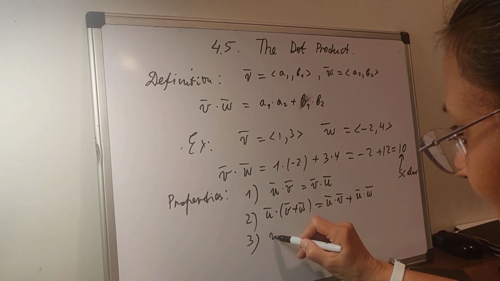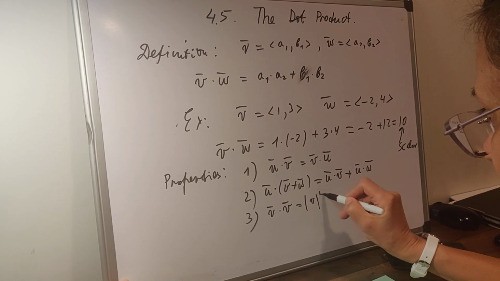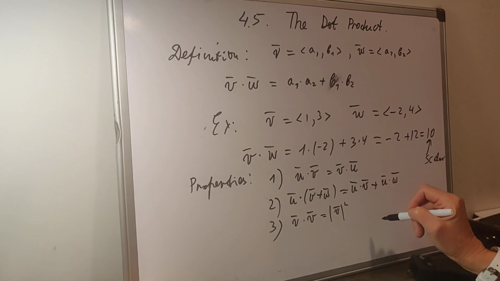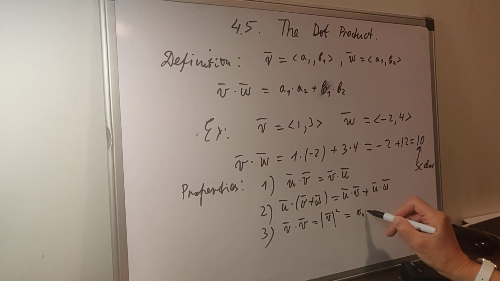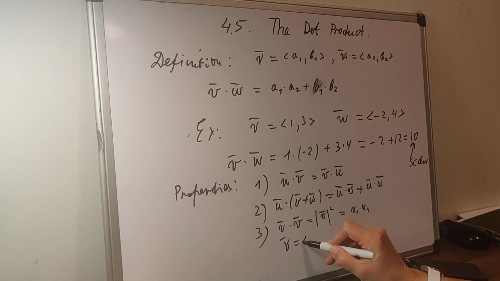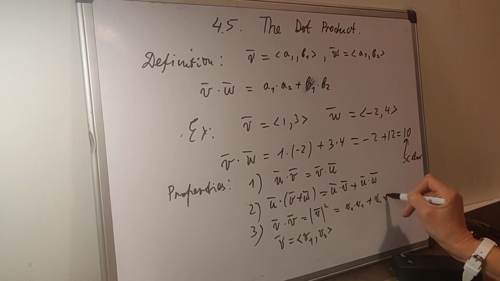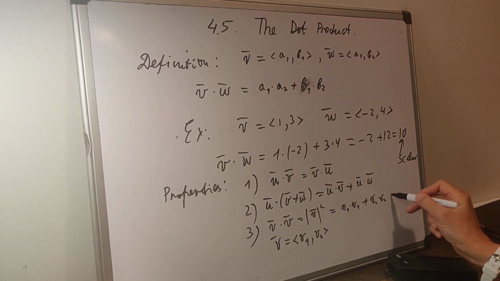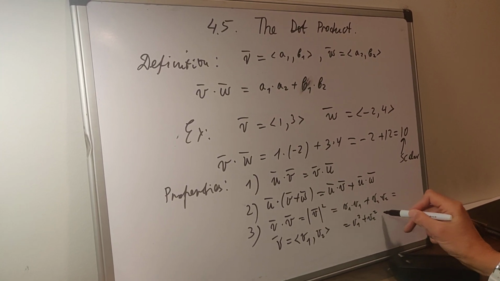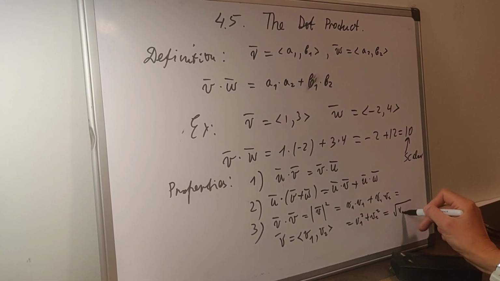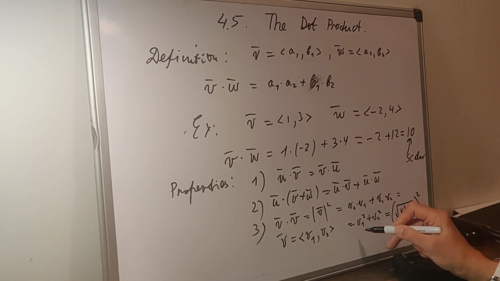Property number three, if you multiply a vector by the vector itself, you are going to get the length of vector v, or magnitude, squared. For this one, we probably need to show why it works. The dot product of a vector by itself, if vector v is given by v1, v2 components, is v1 by v1 plus v2 by v2, which is going to give us v1 squared plus v2 squared, which can be written as the square root of v1 squared plus v2 squared, squared. The square and the square root cancel each other, right?